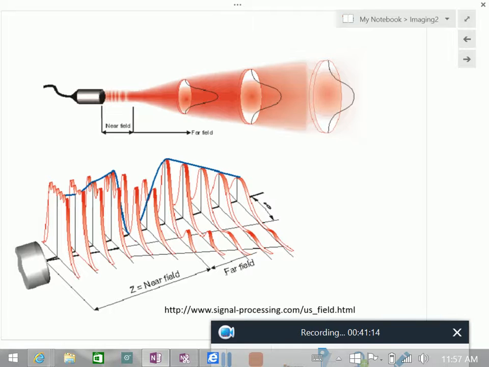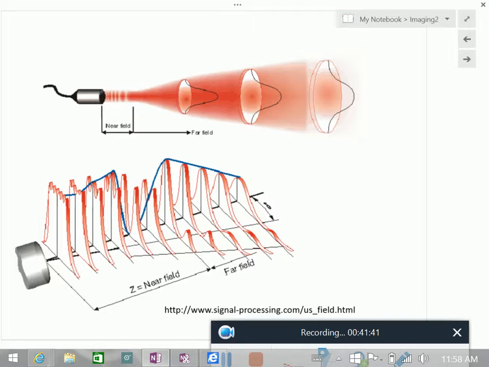When you look at any of the transducers in the lab from now on, never think that they are sending down a tube of energy. No, they are sending this kind of energy zone. And it's not like here is 5, here is 0. It fades very smoothly to the end.